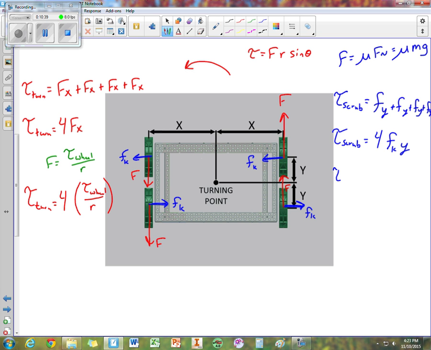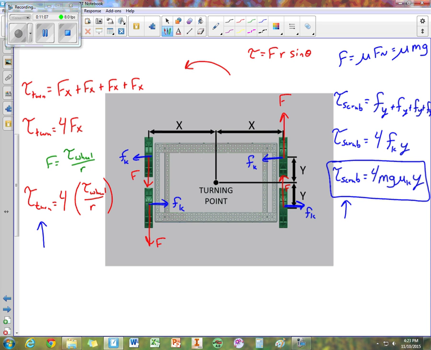So the turning scrub equals 4 mg mu times y. Now, as long as the torque you have to turn is greater than the torque that you have scrubbed, the robot will be able to make a turn.